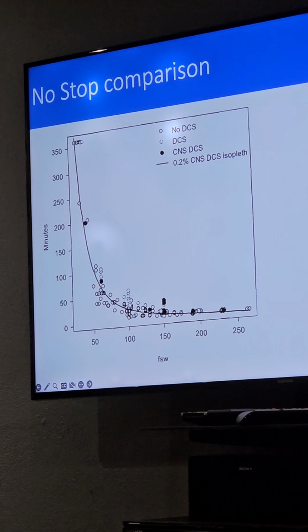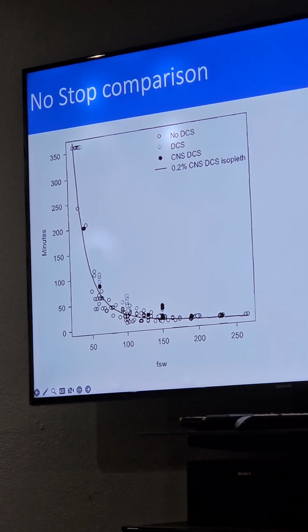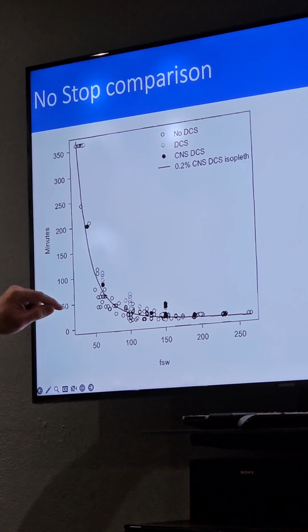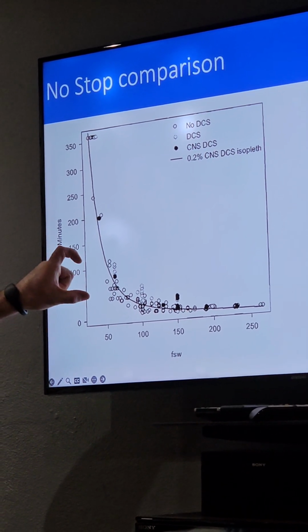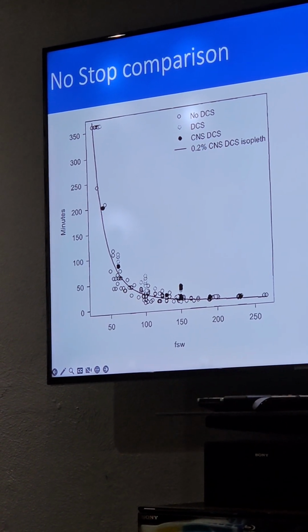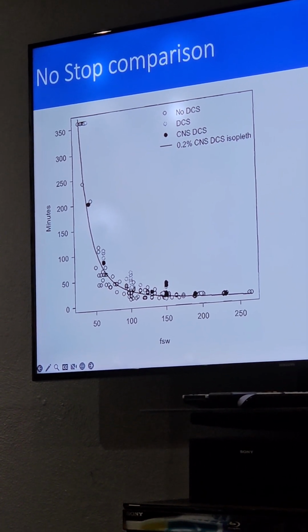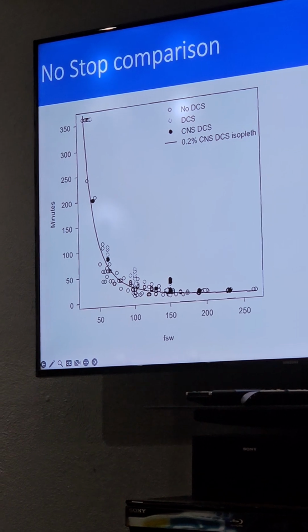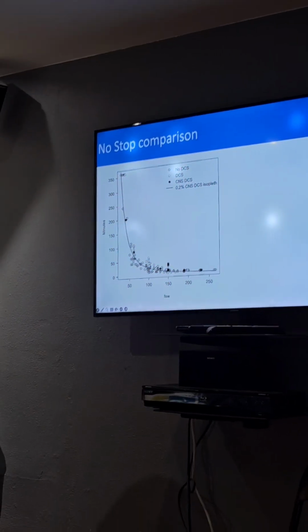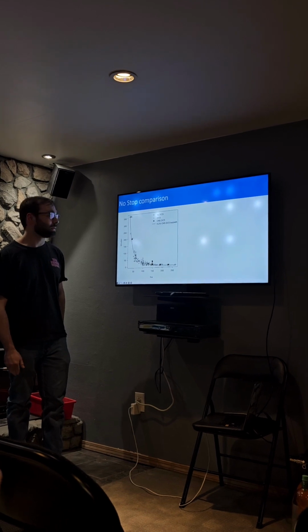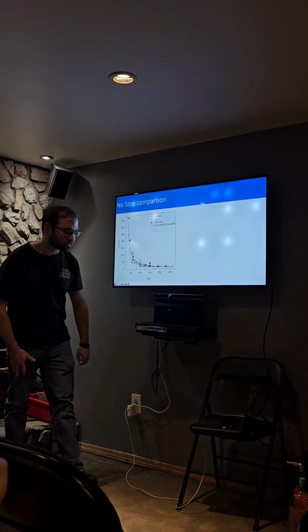Solid circles are CNS involvement in DCS, which is quite widespread. I'd be interested to see the margin of error of the sampled data, since you have a lot of outliers. So it's not a great data set to make probabilistic or deterministic models, but this is what we have, so this is what we're using.